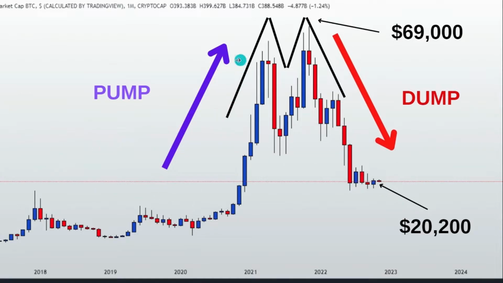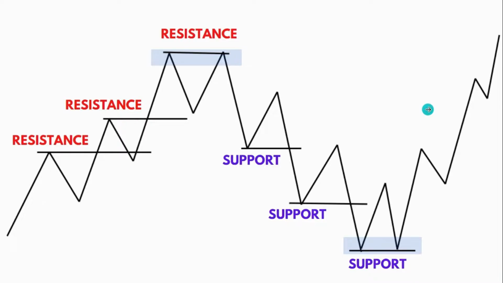So we had this huge pump all the way up to $69,000, and then it formed the M formation and then dropped down. The trend reversed, so you can predict that the market is going to reverse before it actually reverses, right? So that's the reason for the M and W formation.